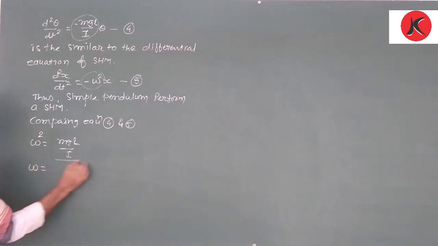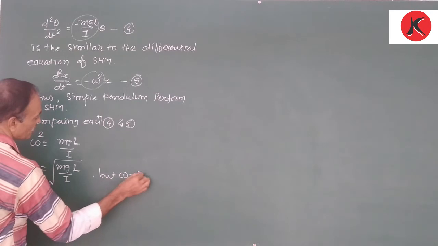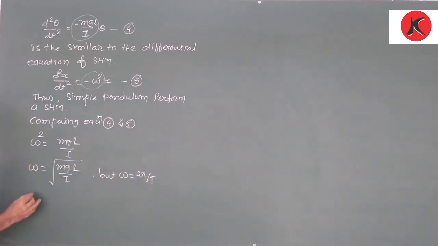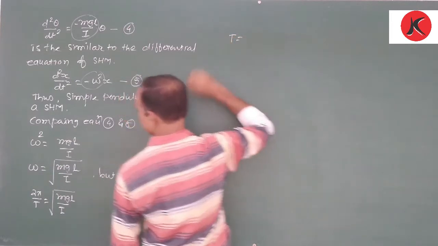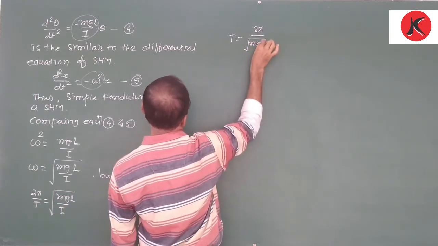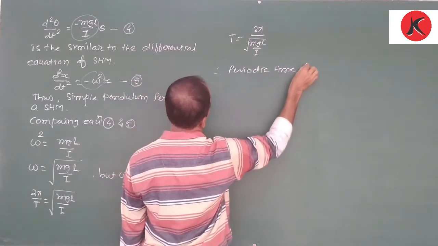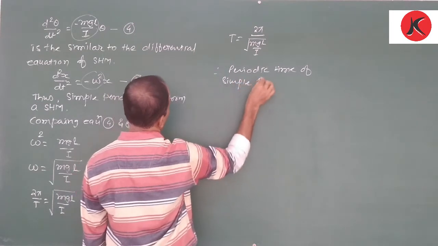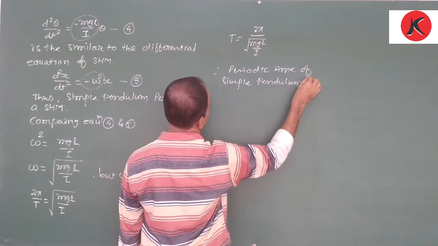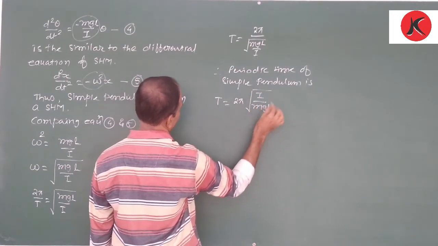Taking the square root, ω = √(mgl/I). But ω = 2π/T. Substituting, 2π/T = √(mgl/I). Therefore the periodic time T = 2π/√(mgl/I). Therefore the periodic time of a simple pendulum is T = 2π√(I/mgl). That is equation number 6.